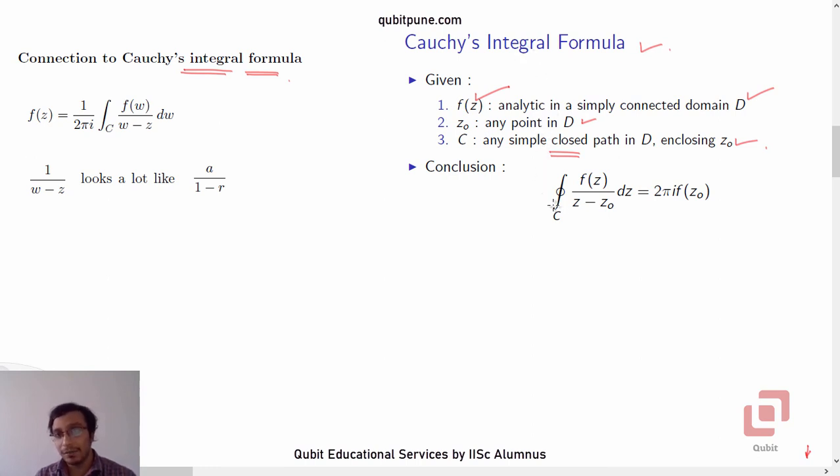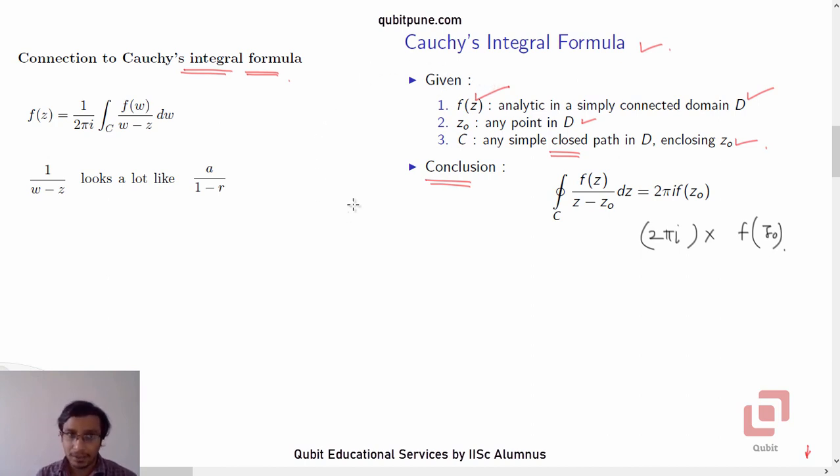For Cauchy's integral formula, we deliberately introduce the factor z minus z naught in the denominator of the integrand, and the conclusion is: if we have these three things given to us, then the line integral of f of z upon z minus z naught taken along any simple closed curve in D which encloses z naught is equal to 2 pi i times the value of the numerator f of z at the point z naught. So this was the Cauchy's integral formula.